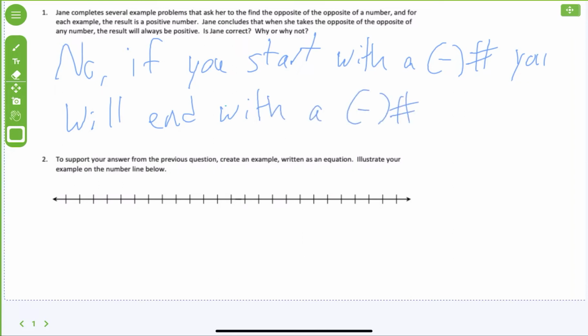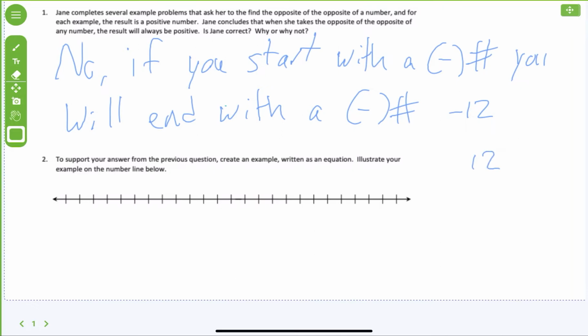Okay, so let's just try it. A negative 12. We're to find the opposite of a number. So let's just start. What is the opposite of 12? Negative 12.